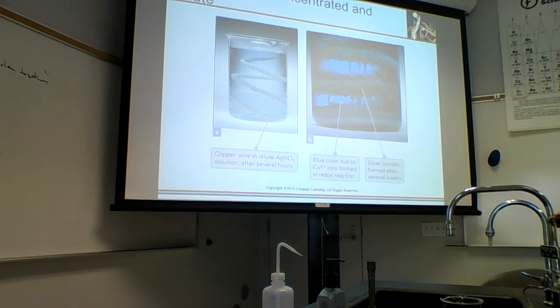Cu is solid. What's the formula for dilute silver nitrate dissolved in water? AgNO3 (aq). I guess we'll leave the aq off. What type of reaction is this? This looks like a single replacement reaction, doesn't it?